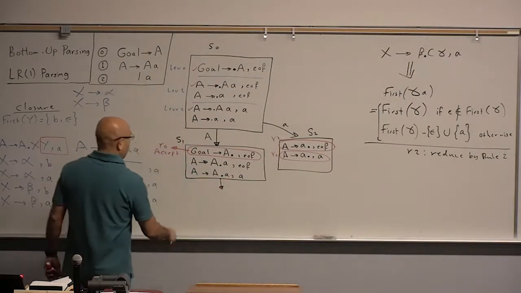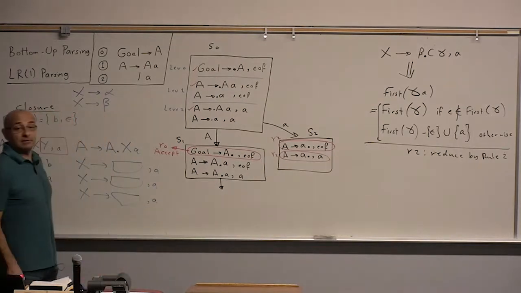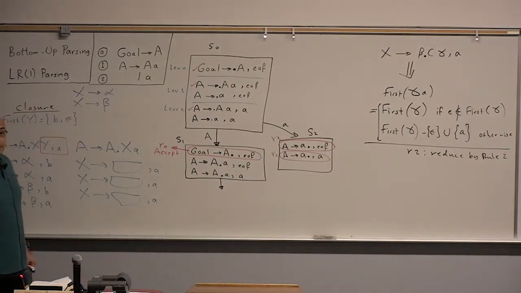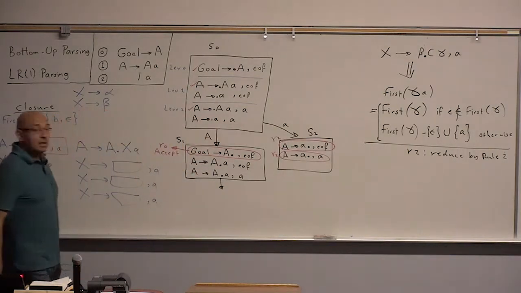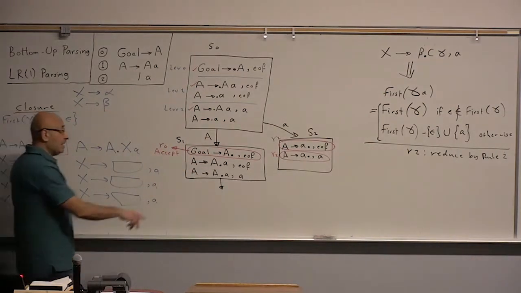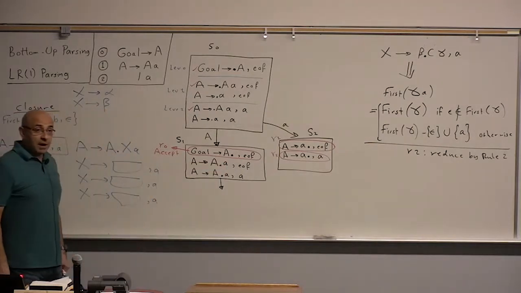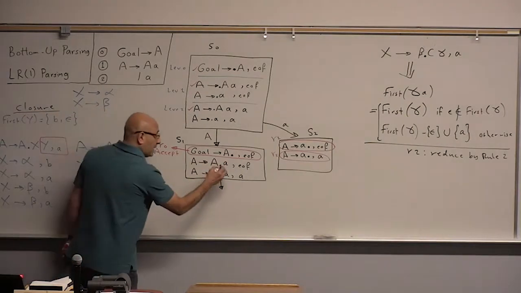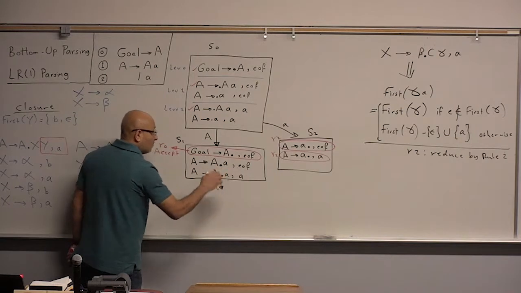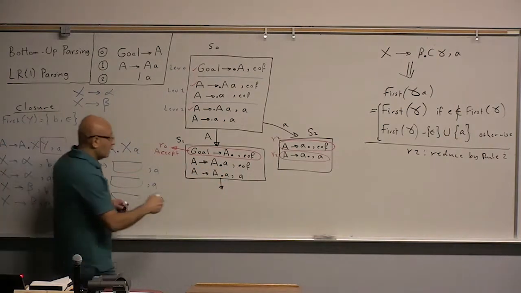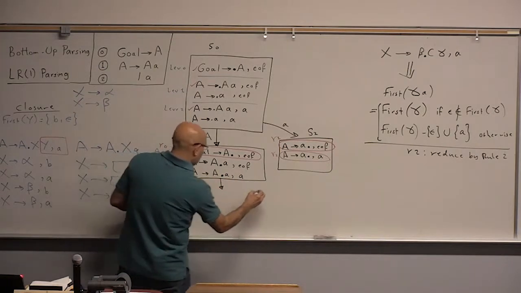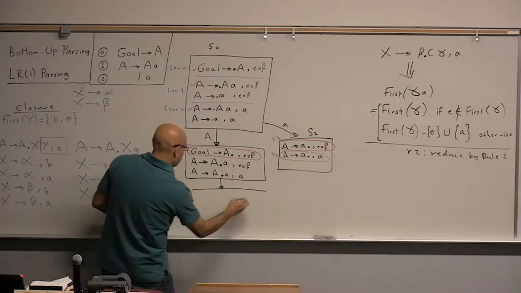So now what should be the label of this transition? Small a or big A? Small a. Because if we get a big A, there is no progress here on a big A. But there is progress on a small a because of this placeholder. This placeholder is tracking our progress. So with this placeholder, we will make progress.